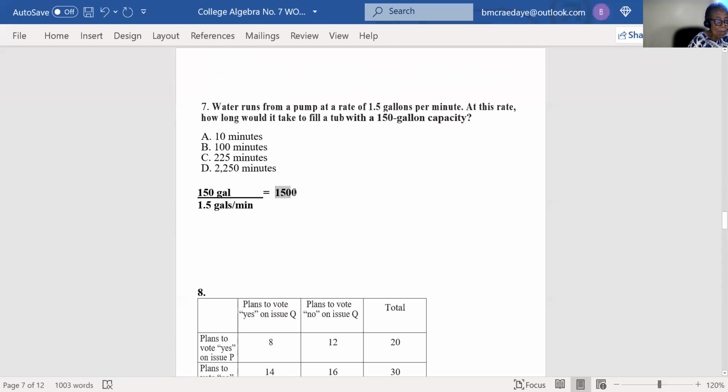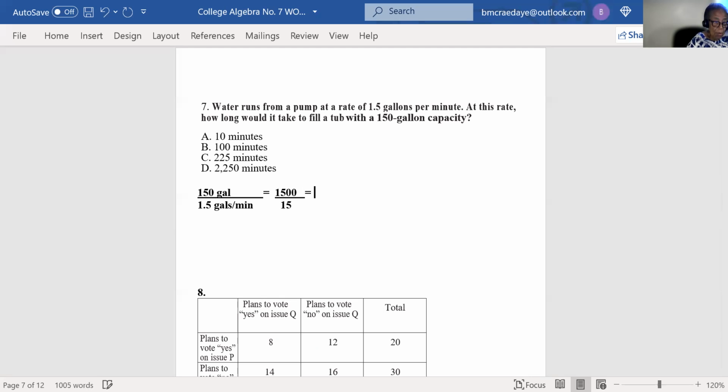Now you can do mental math. 1,500 divided by 15. And what does that give you? 100 minutes. So 15 into 15 is 1, and then you have 2 zeros. You could have left it as a decimal, but sometimes it's easier to work with whole numbers instead of decimals.